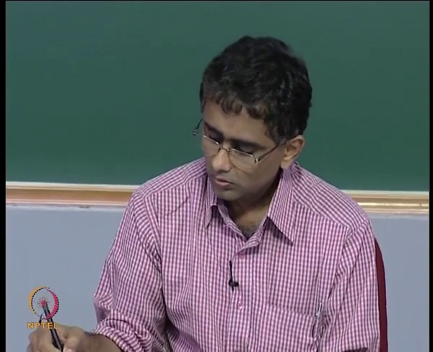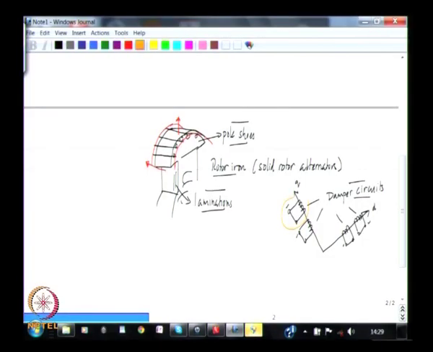So for our discussion now, we will look at only one coil representation on each axis. We will assume that the effects of the dampers can be sufficiently represented by having one coil each on the d and q axis. So if that is the case, how does the alternator equation look like?